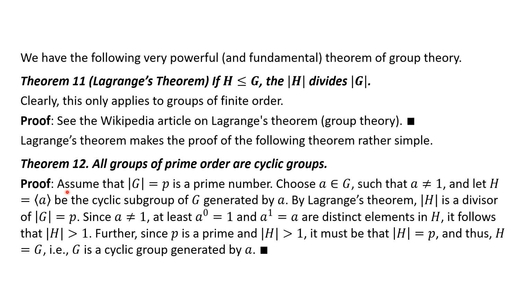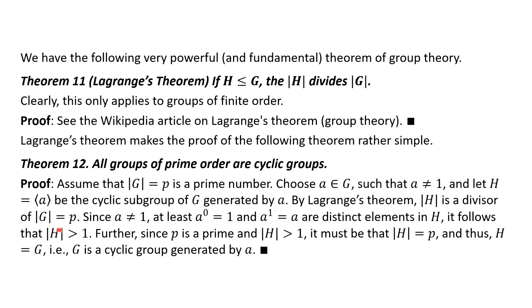We can prove that here. Assume that G is our group of interest of prime order, so the order of G is P, where P is prime, and choose A, an element of G, such that A is not the identity, and let H be the subgroup generated by A. By Lagrange's theorem, the order of H is a divisor of the order of G, and further, since we assumed A is not equal to the identity, there are at least two elements in H, the identity A to the 0, and then A to the 1.